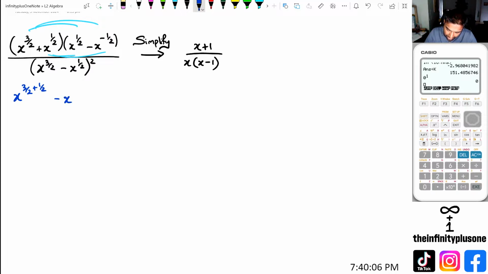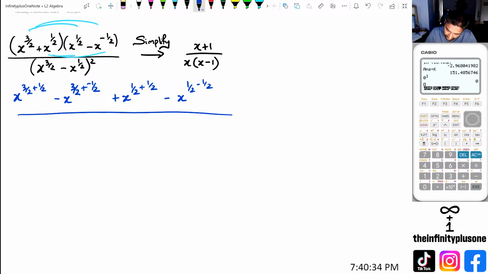Then the next one is going to be minus x to the power of 3 over 2 plus minus half, because remember how you add the powers when you multiply with bases that are the same. Then I've got x to the power of half plus a half minus x to the power of, did I copy this question right? I hope I copied this right, because now I'm getting nervous again. I'm going to get a half minus half.